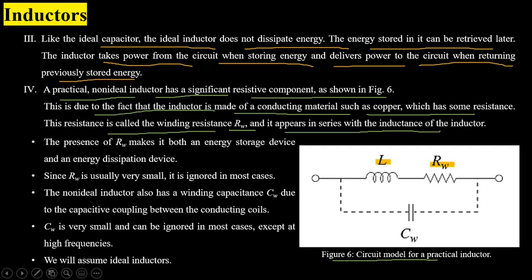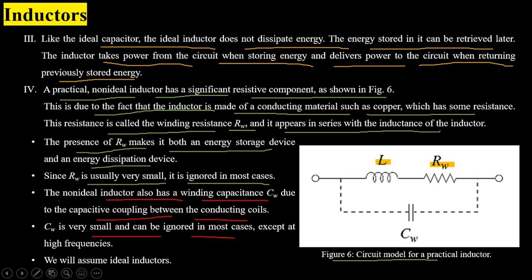The presence of winding resistance makes it both an energy storage and an energy dissipation device, but since the winding resistance is very small, it is usually ignored in most cases. The non-ideal inductor also has a winding capacitance due to the capacitive coupling between the conducting coils. The winding capacitance is very small and is also ignored in most cases except at high frequencies. And here we will assume ideal inductors.